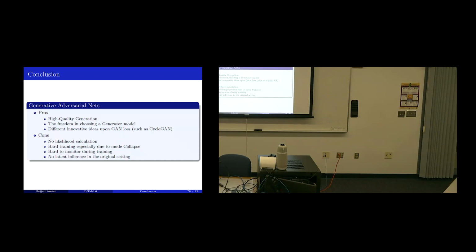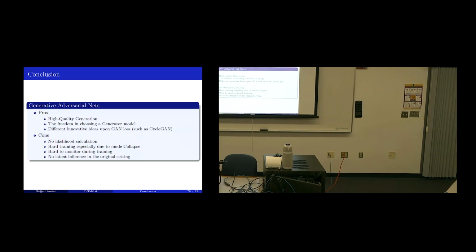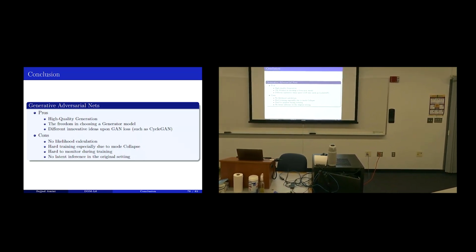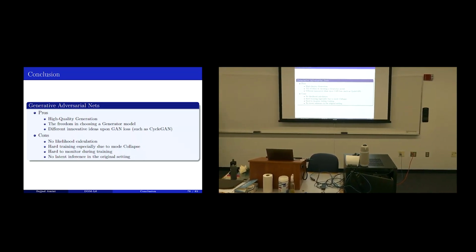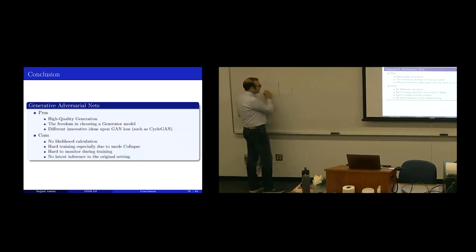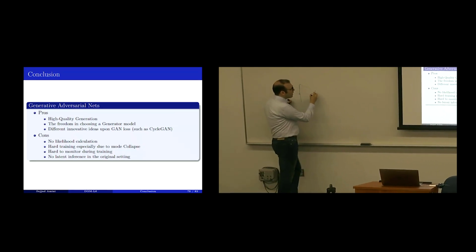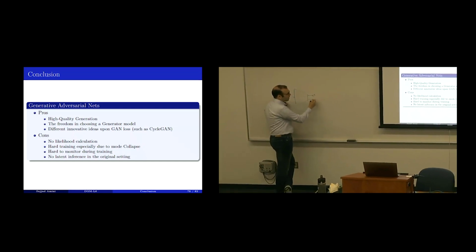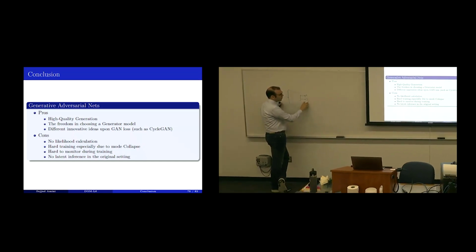Yes. What do you mean by the freedom in choosing the generator? Freedom means that, for example, in the case of the approximate posterior model in a VAE, you input X into a model, but the output of this model is not your sample. It is a mean and a covariance matrix, which we know is diagonal, and then it is input to a sampler. And then at the output, you have your sample.